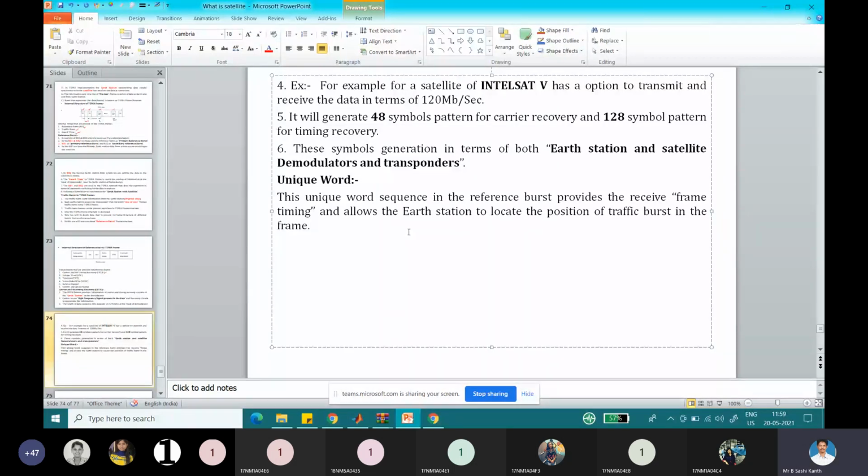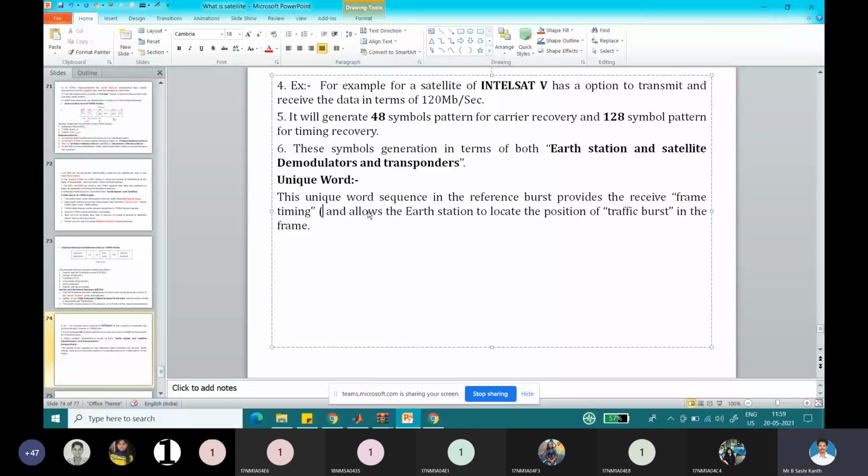It allows the earth station to locate the position of the traffic burst in the frame. So two things are happening in the unique word. The unique word sequence in the reference burst provides the receiving frame timing.